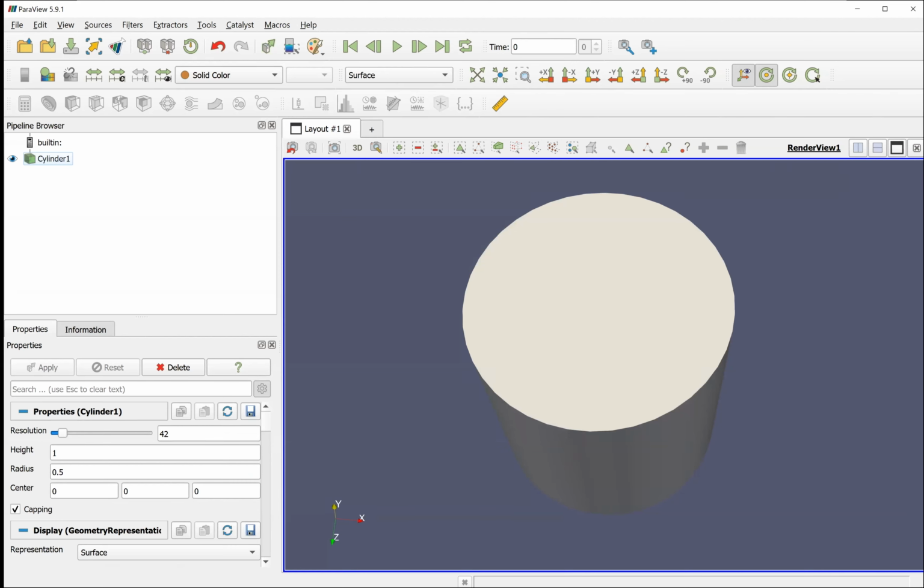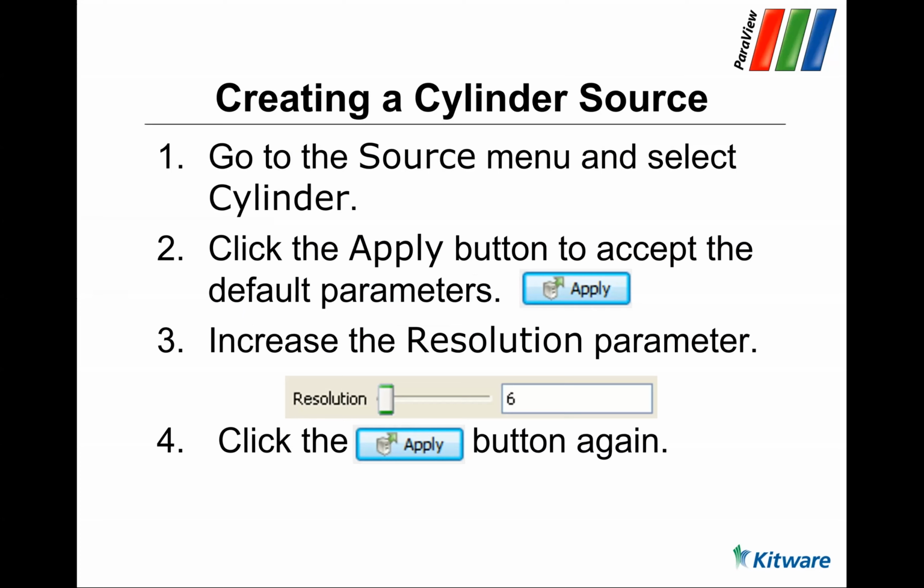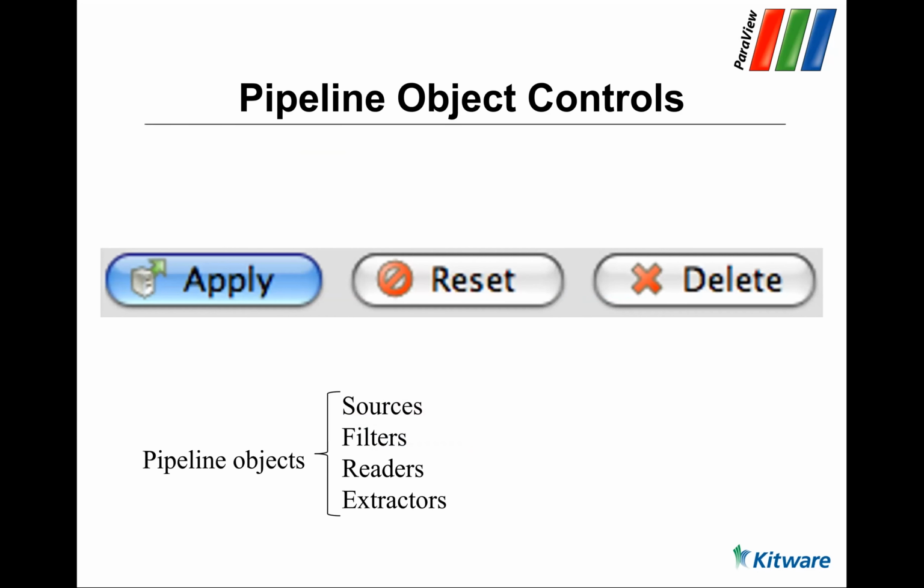Hey Dan, there was a question in the chat about, is there a way to create a cylinder along a different axis? So rather than being aligned with Y, can you make it aligned with X? There is a transform filter that allows you to rotate your data. So you would apply a separate transform filter to change that.